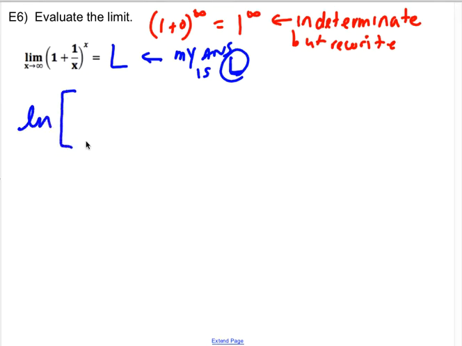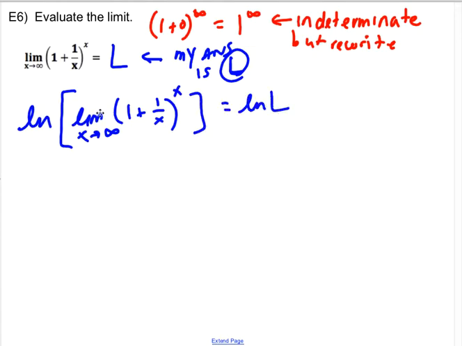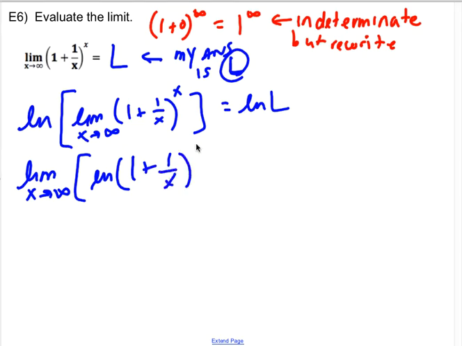So if I take the natural log of both sides of this thing, and the natural log of L, because it has to be on both sides, I'm allowed to put the natural log inside the limit, right? The limit can be the limit of the natural log of the stuff, which is going to allow me to take this power right here and drop it down in front.